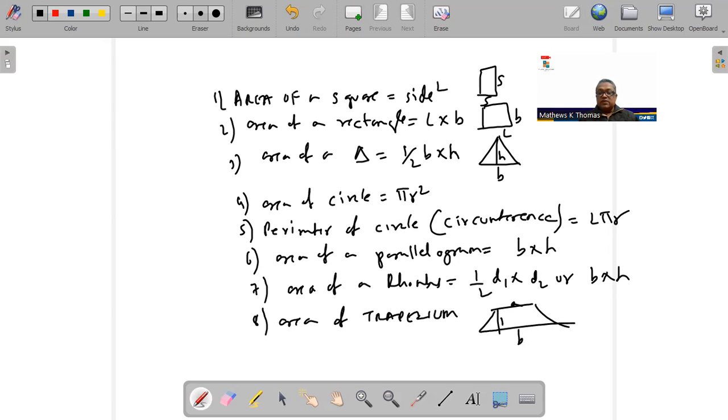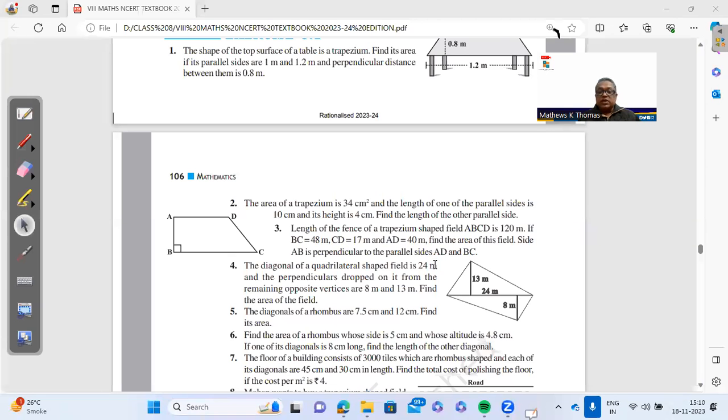The parallel sides are A and B, suppose, and this is the distance between the parallel sides h. Then area of the trapezium can be found by using half h bracket A plus B, half height bracket sum of parallel sides. So these are the figures of the 2D that are mentioned here.